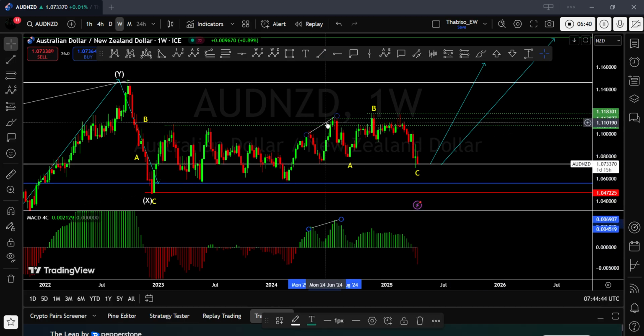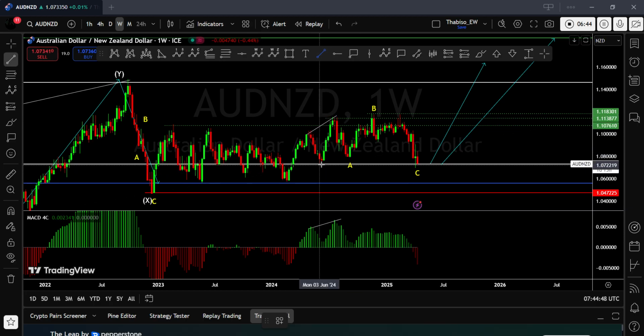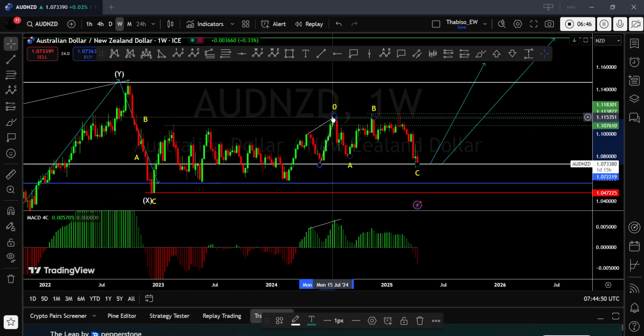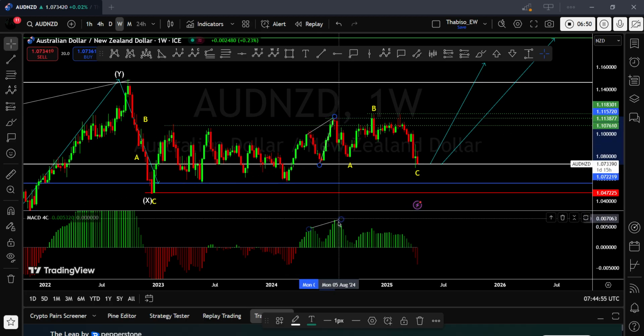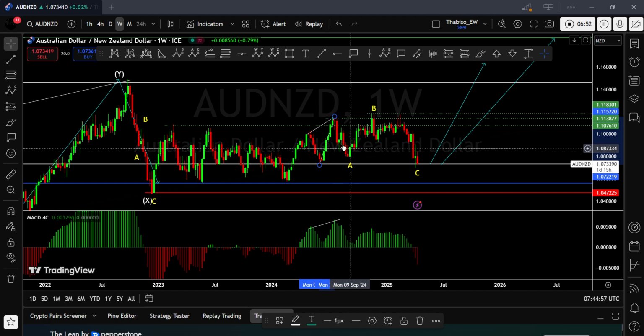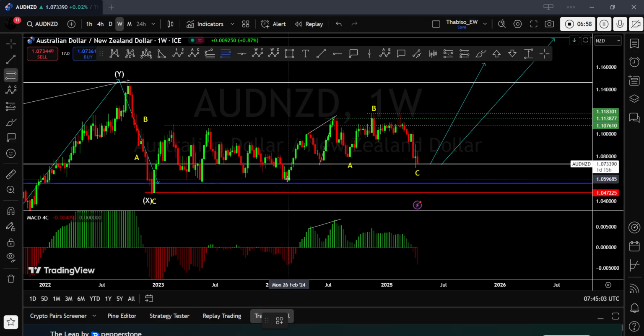So it shows that the buyers, when they were pushing this one, there's momentum here. So it's pointing towards the strength of the buyers again.